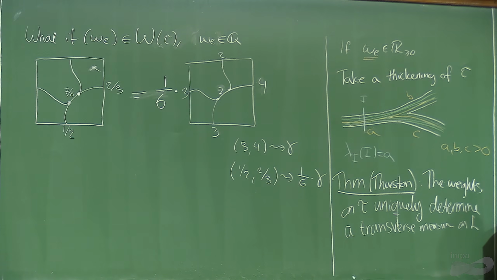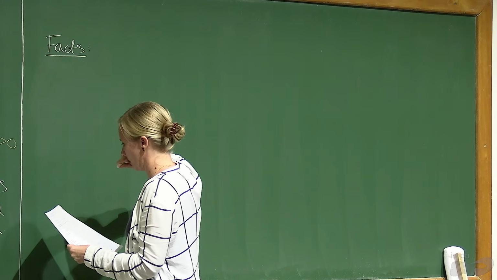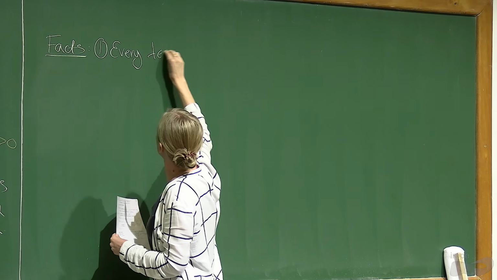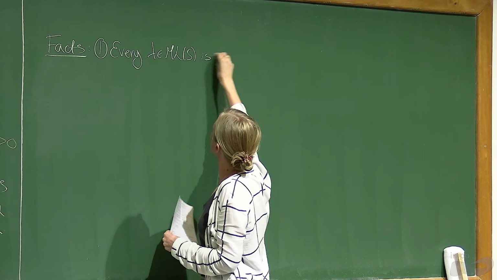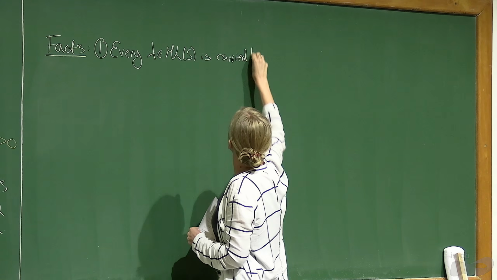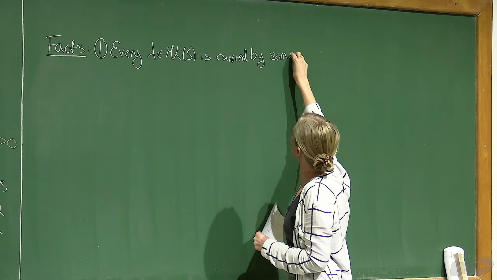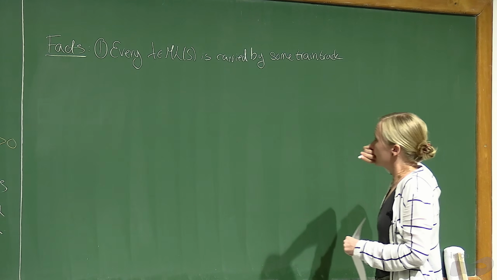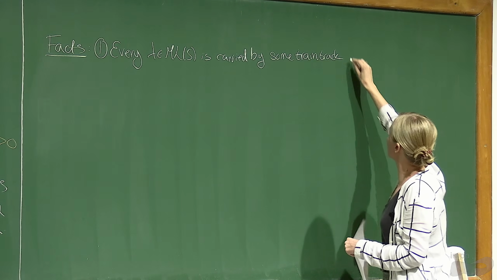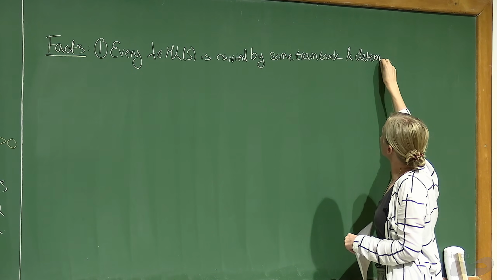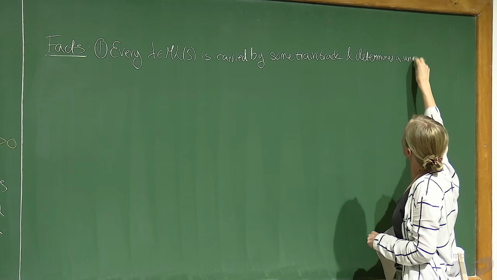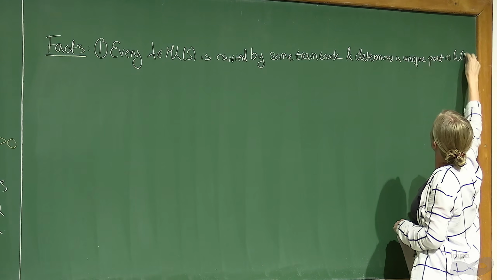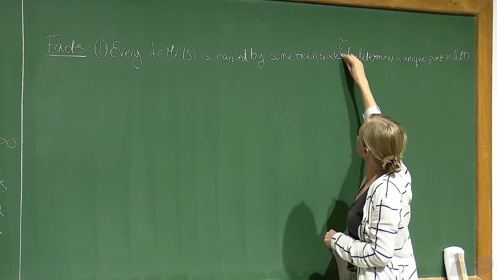First some facts, most of which are not hard to prove: every measured lamination is carried by some train track, and determines, by what we just said, a unique point in the solution set of tau, for some train track tau.